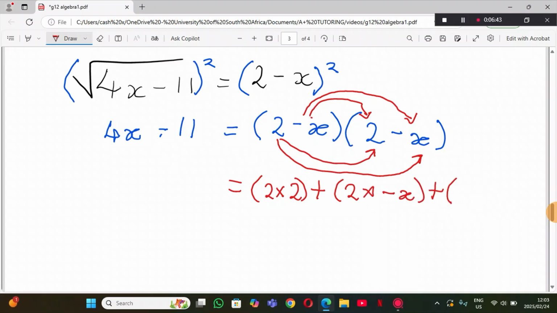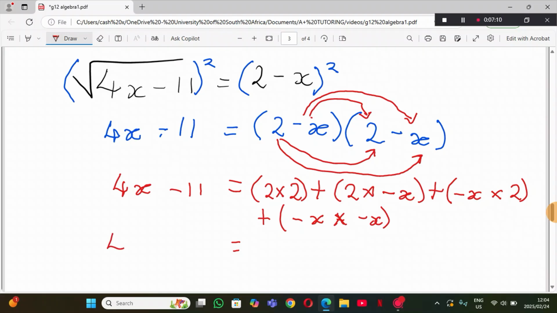Plus again minus x times 2, and then plus minus x times minus x, right? Now this side I still have my 4x minus 11. I keep bringing it down, so I have 4x minus 11.